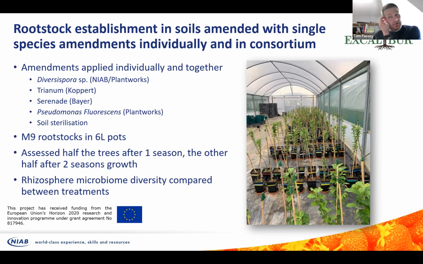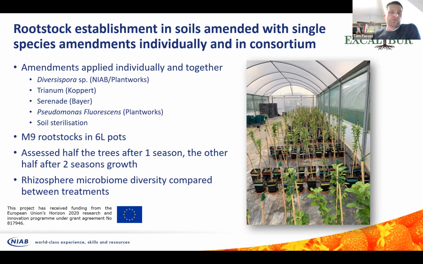This was done in 2021. Half the trees we assessed after one growing season, in autumn 21, and the second half of the trees were left for 2 years and were assessed in the autumn just gone.